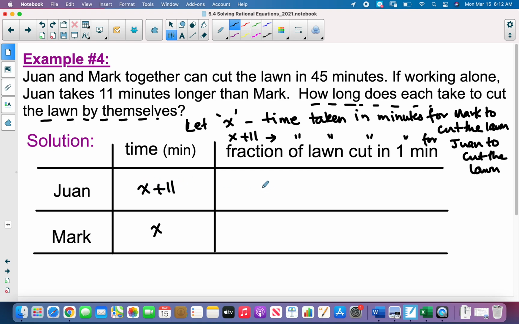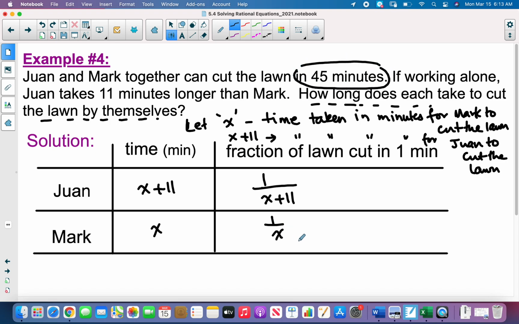And I'm going to look at the fraction of the lawn cut in 1 minute. If I consider how much work is completed in 1 minute for Juan, it's 1 over x plus 11. And for Mark, it's 1 over x. The reason I need the fraction is that together they can cut the lawn in 45 minutes. They've given me this time here.